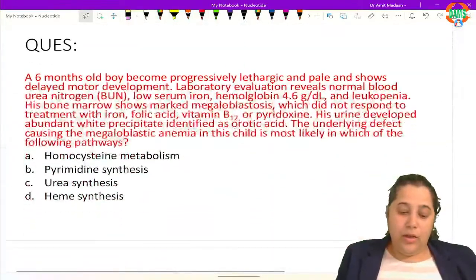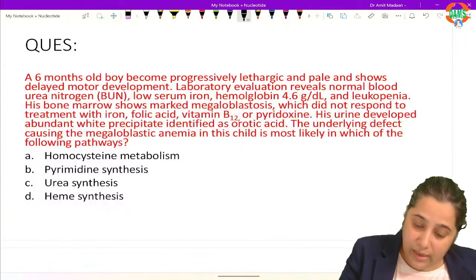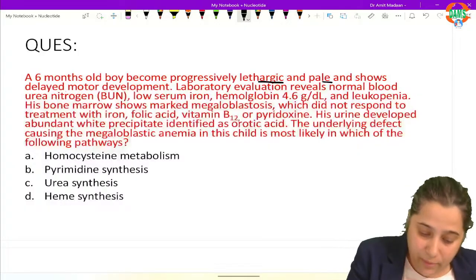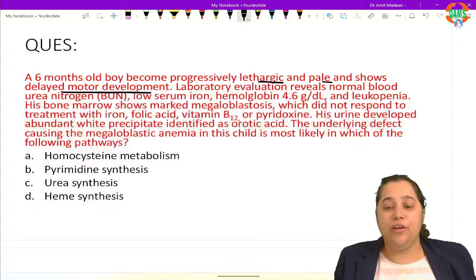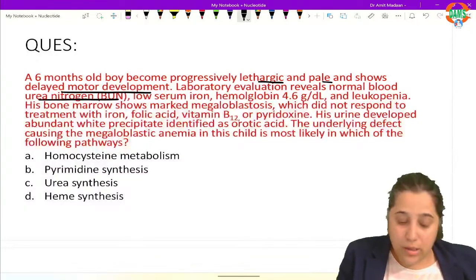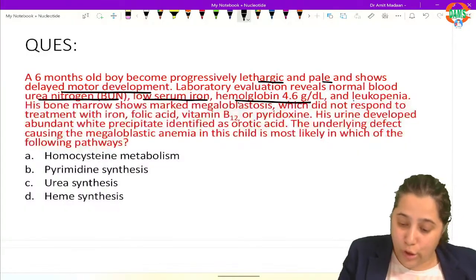Another question. A 6-month-old boy, progressively lethargic and pale, shows delayed motor development. Lab investigations reveal normal blood urea nitrogen, serum iron is low, hemoglobin is low, leukopenia.